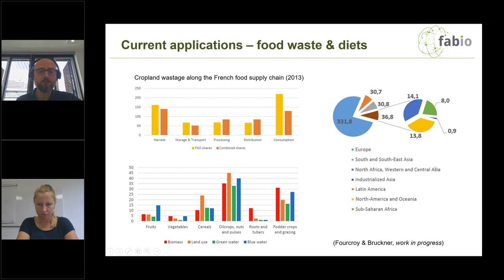But that depends a lot where the products come from. In Europe, the losses at the harvest stage are much smaller, for example, than in Africa. On the right-hand side, you see this pie chart showing the source of the cropland in French food waste.